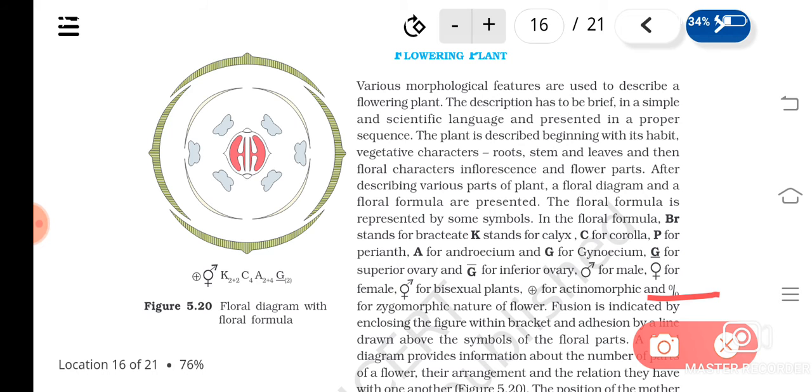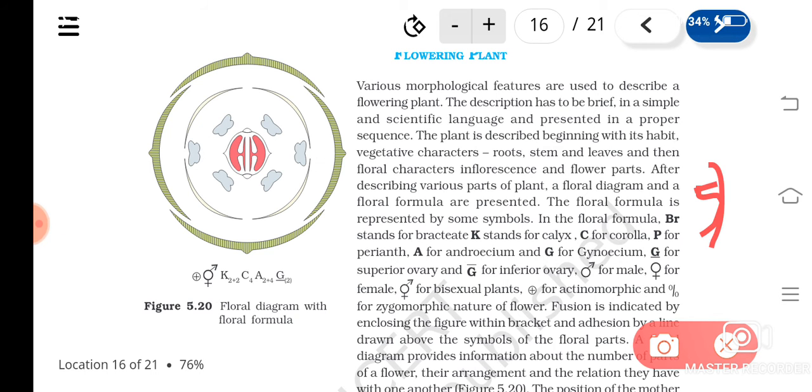And if the petals are united, we can join them. The sepals will be joined, for example, if four sepals are there, like this. This is in case of floral diagram. And if the petals are joined, how will we write 5 petals?